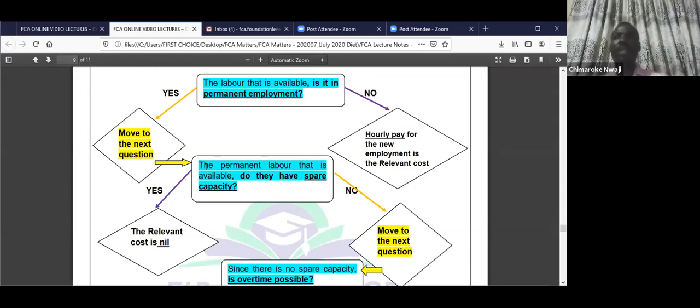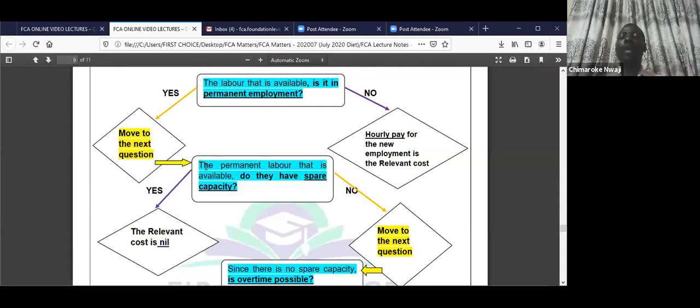So that means even those that stayed at home and did not come to work because of COVID-19, even those who are pregnant or who gave birth and are on maternity leave and are not actively working, because they are permanent employees, they have spare capacity, but you are paying them. When you see that a laborer has spare capacity, what should come to your mind is permanent employment.